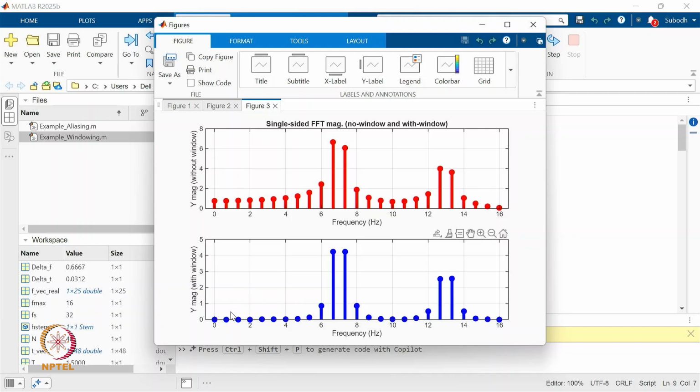You see this at 0 hertz, 1 hertz, 2 hertz, 3 hertz, 4 hertz, all components have been significantly attenuated. Even the components at 10 hertz, 11 hertz have been significantly attenuated, and that is why leakage has been substantially reduced because of the use of window.